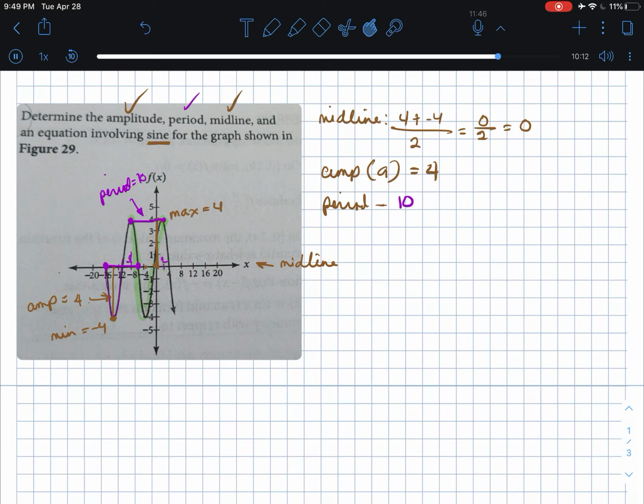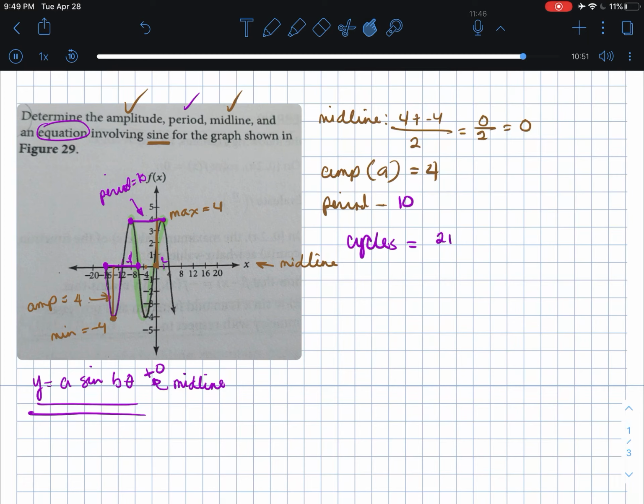So I got the period, the amplitude, and the midline. Now I need my equation. Y equals A sine B theta, and then the midline here. In this case our midline is +0, so that means we don't have to write this down. We will just end up with y equals A sine B theta. But do we know our B? Not yet, because B is the number of cycles. But we can find the number of cycles given the period.